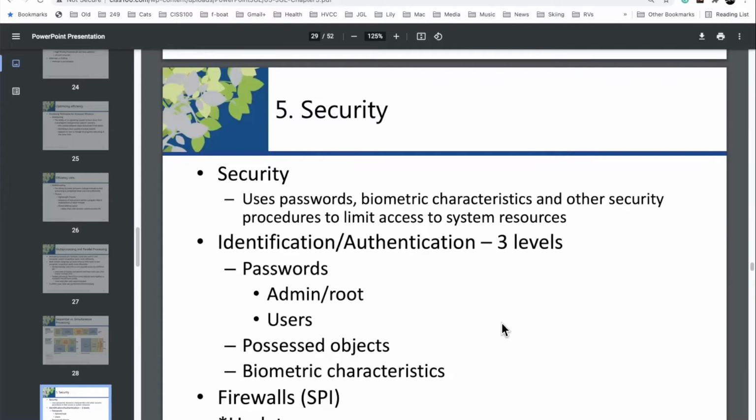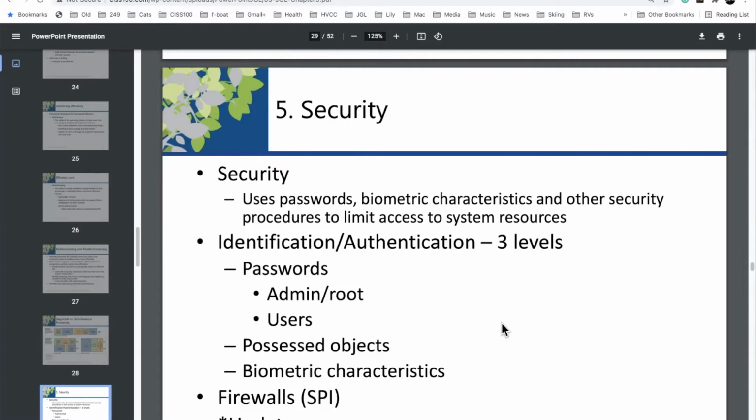Looking at security from the standpoint of identification and authentication. And again, I'm going to go into this in much greater detail when we get to our chapter on security. Real quickly, identification is when a user establishes or provides their identity. Authentication takes place on the computer side, or server side, where the computer will collect the identification information.